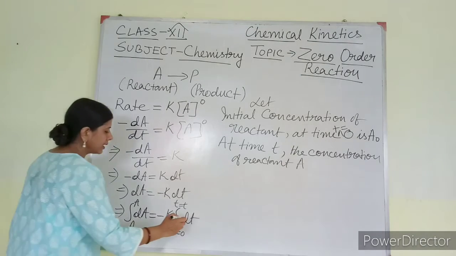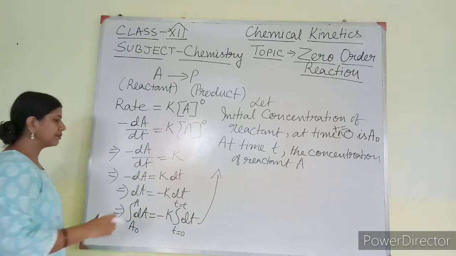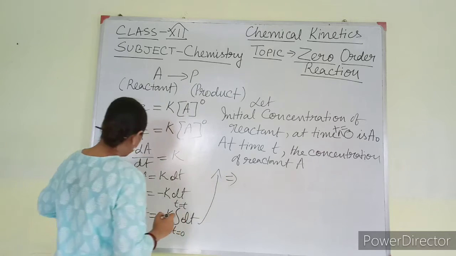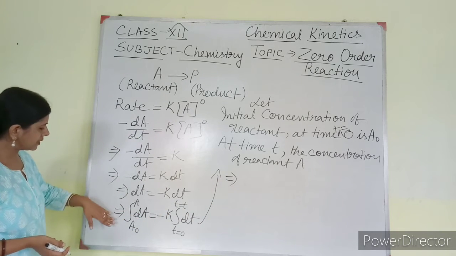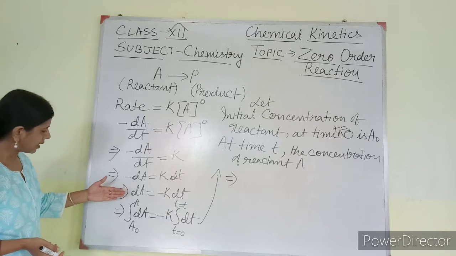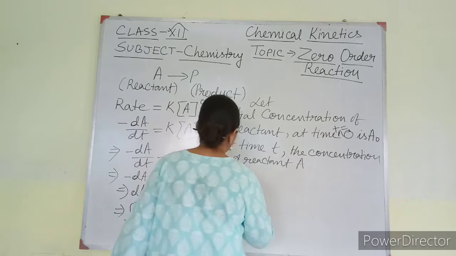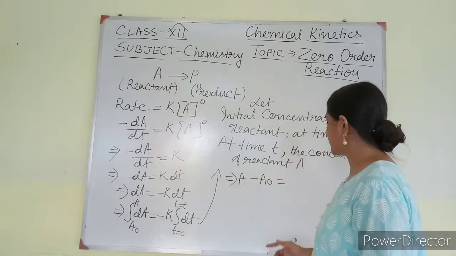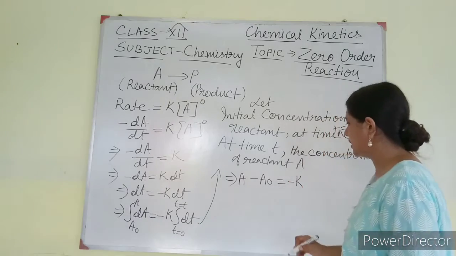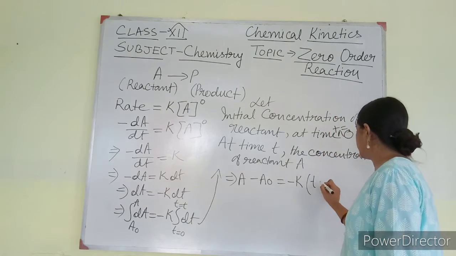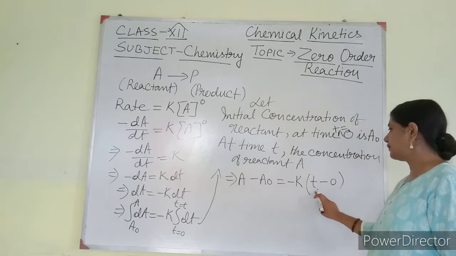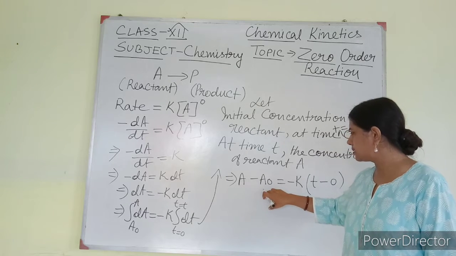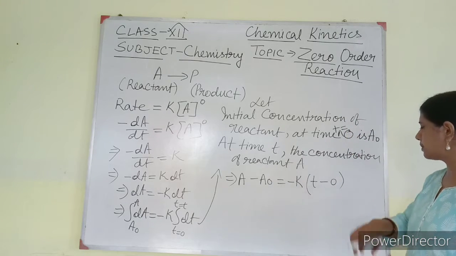Integration of this is very easy. On the left side it is A minus A0, and on the right side minus k stays as it is, and it is t minus 0, where t is the final time and 0 is the initial time.